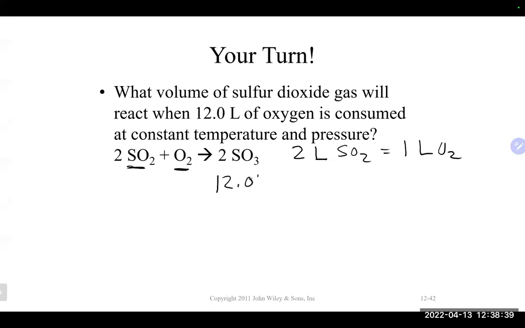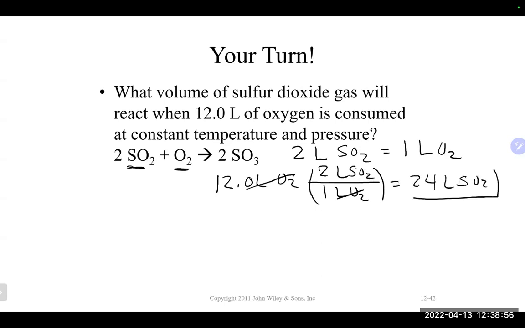So we have 12 liters of oxygen, using that as a conversion factor here. 1 liter of oxygen will give us 2 liters of SO2. Liters of O2 cancel, giving us 24 liters of SO2 in this particular case.